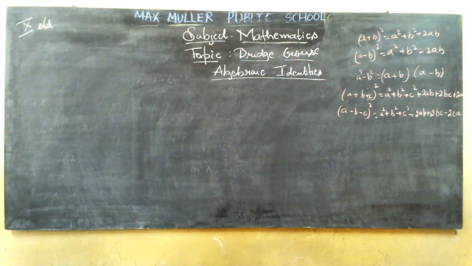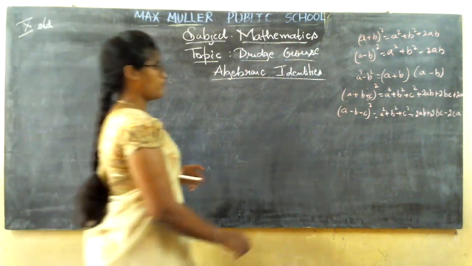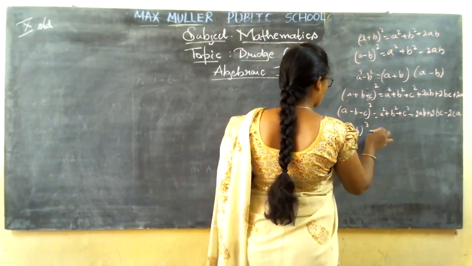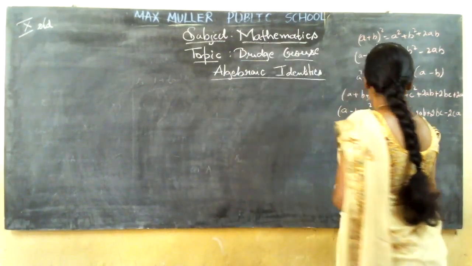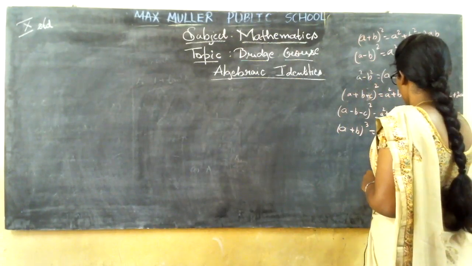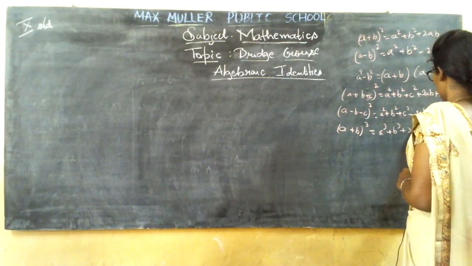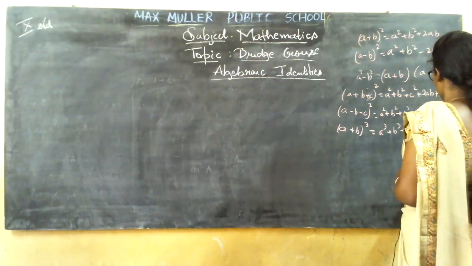Next, what did you learn? You had learnt about the (a plus b) whole cube formula. What is the (a plus b) whole cube formula? a cube plus b cube plus 3ab into (a plus b).